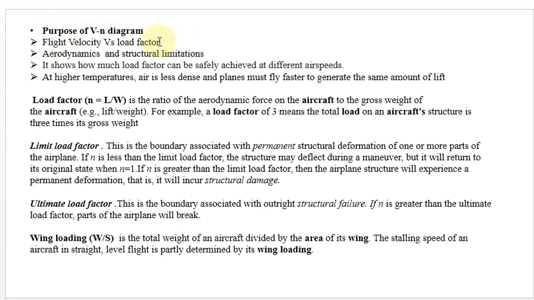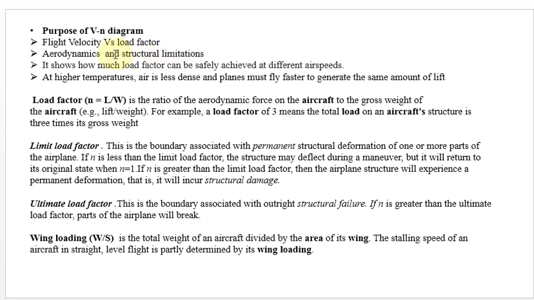The purpose of VN diagram: mainly it's a graph, a plot between two parameters, flight velocity and load factor. It's a simple graph to relate the properties between flight velocity and load factor. It also helps to determine the aerodynamic and structural limitations for a particular aircraft.